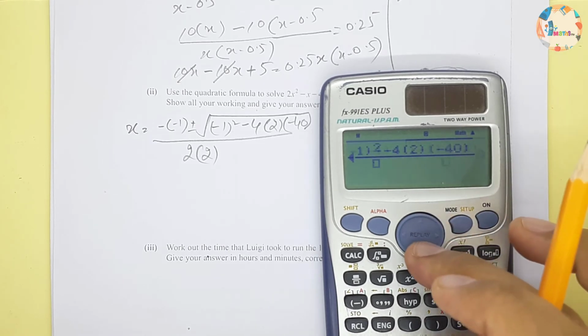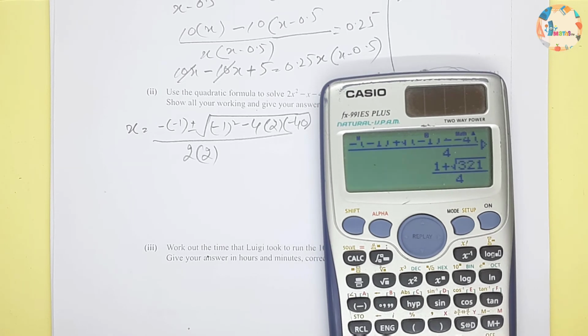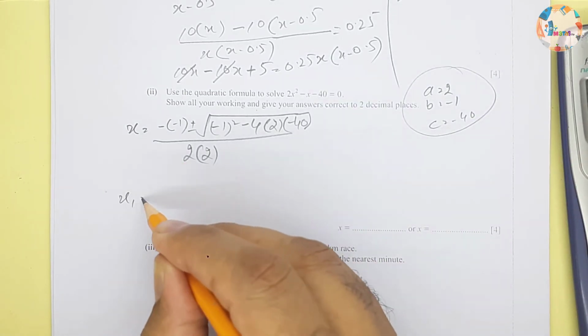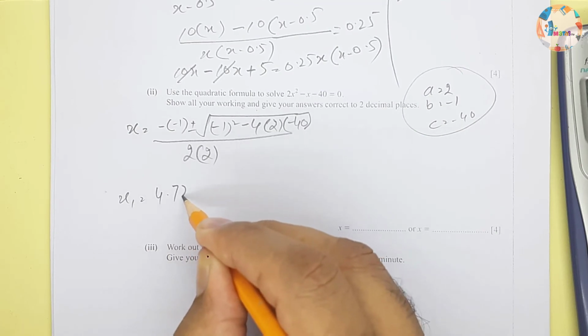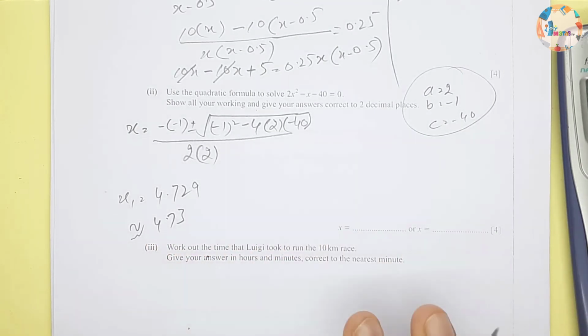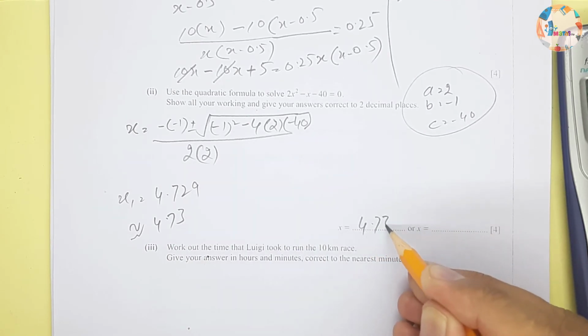So I've written everything in calculator, so 2 into 2 will be 4, so this will be giving us 4.729. So x1 will be approximately equal to 4.73. So one answer we can give 4.73.